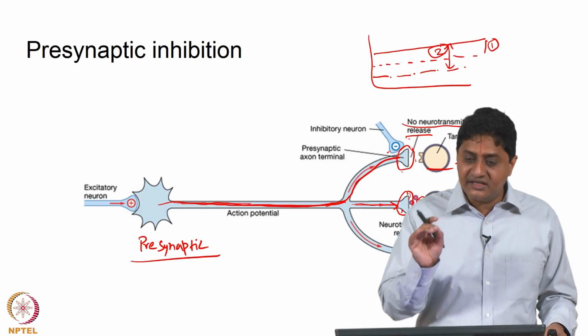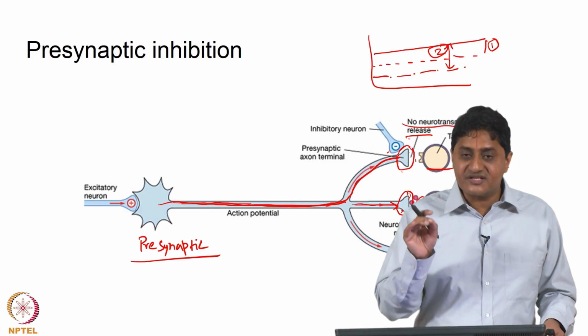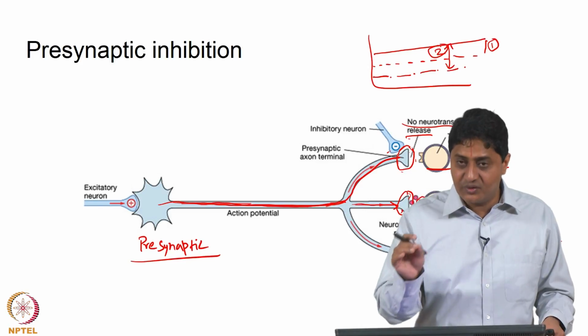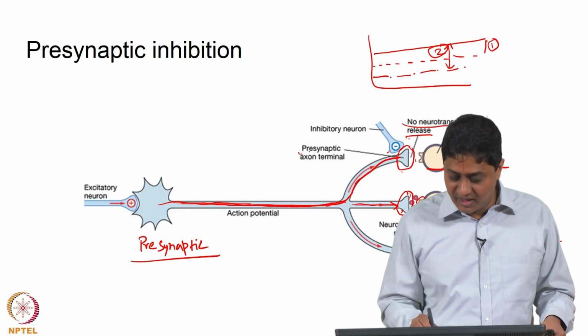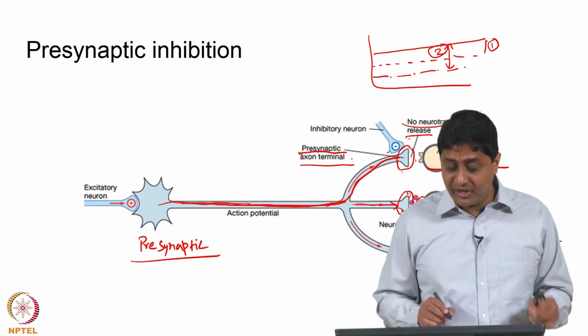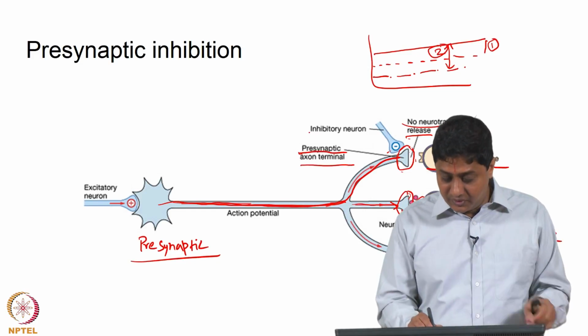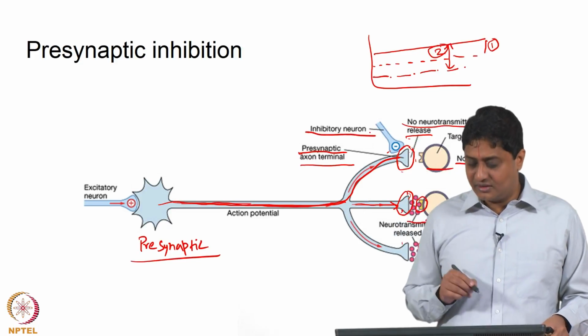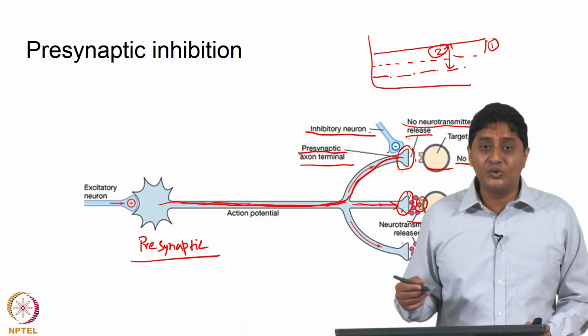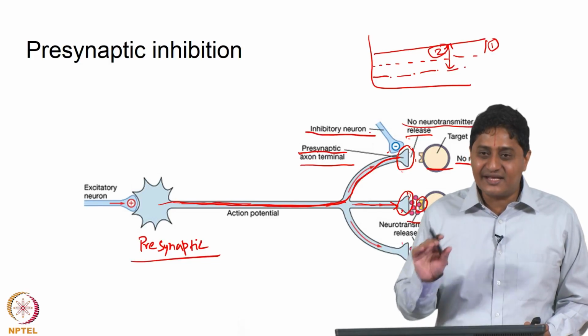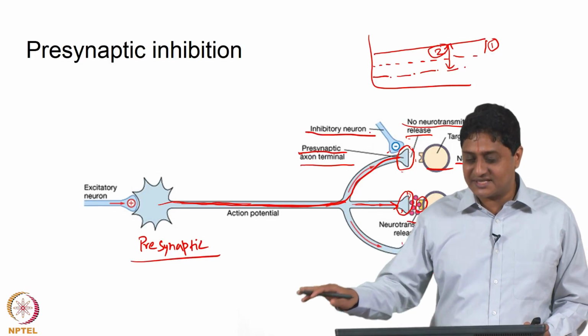So, I could selectively close specific parts, specific neurons, using this presynaptic mechanism. Here inhibition is happening due to this presynaptic mechanism, or inhibition is happening due to an excitation. I can excite and ensure that there is an inhibition.